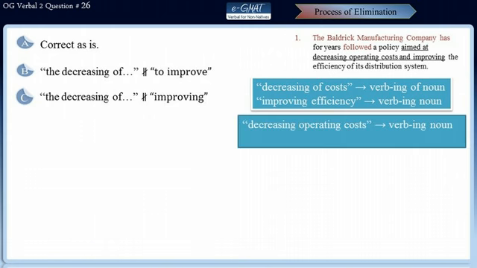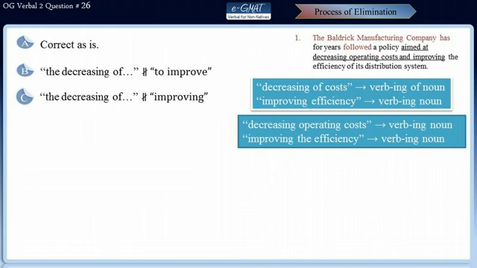We can very well write decreasing operating costs and improving the efficiency. Now both these forms are the verb-ing nouns, and this structure is parallel, but the verb-ing of noun and the verb-ing noun cannot be parallel to each other. So this is the parallelism issue with choice number C.